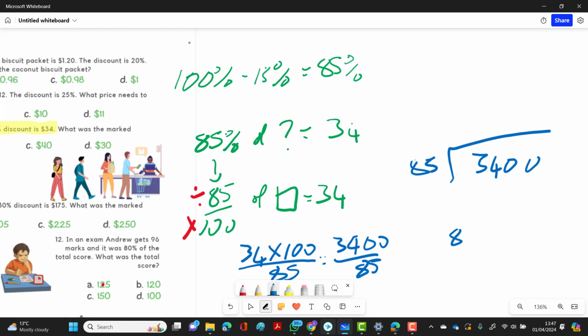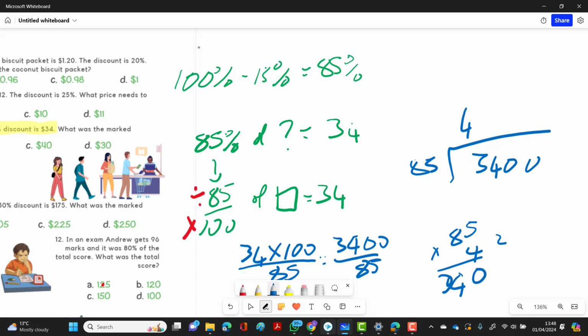So let's do 85 times 4. 0, carry 2. 8 times 4 is 32. 32 add 2 is 34, so that's 340. So that goes in directly.